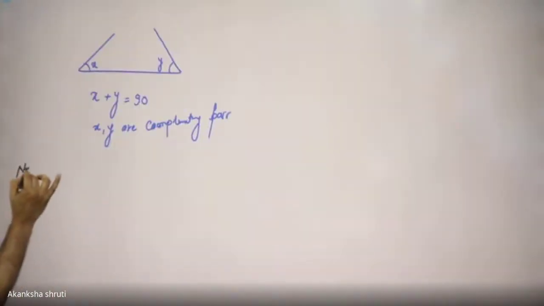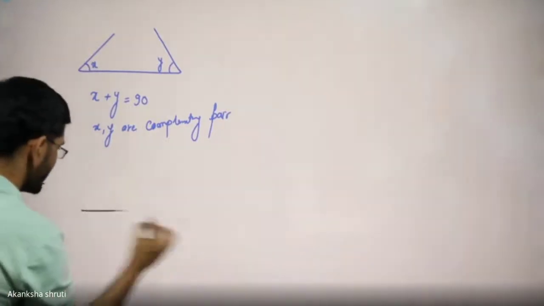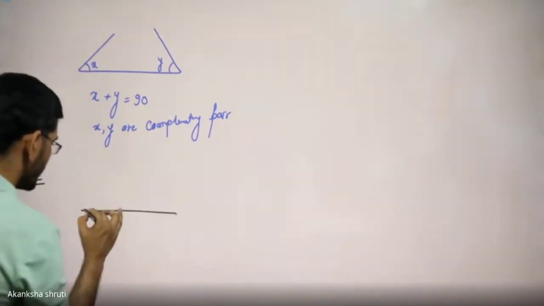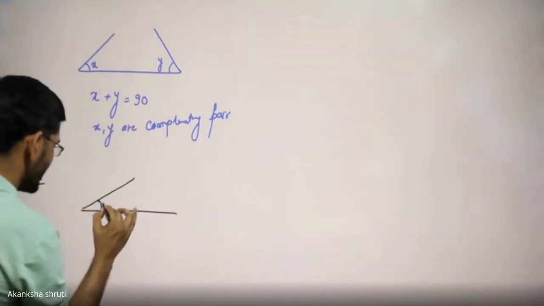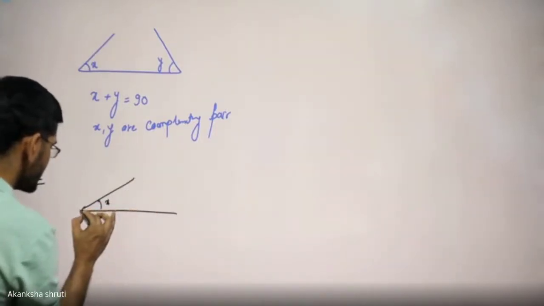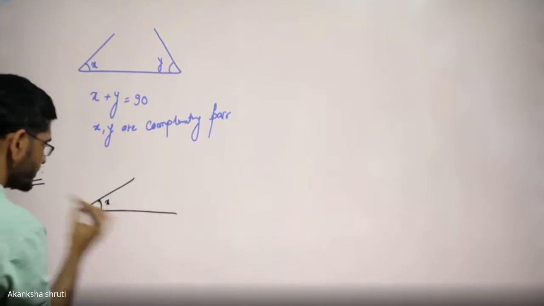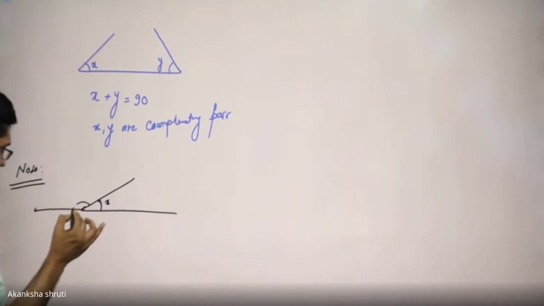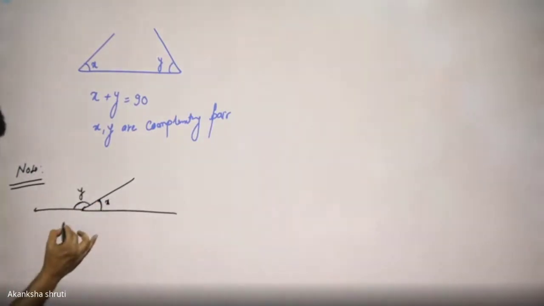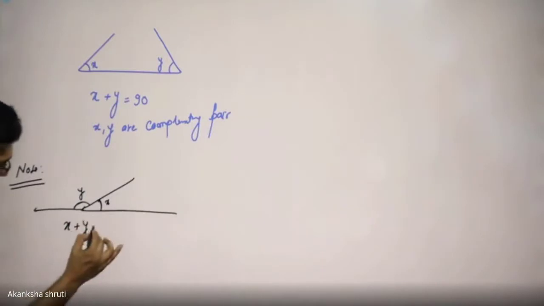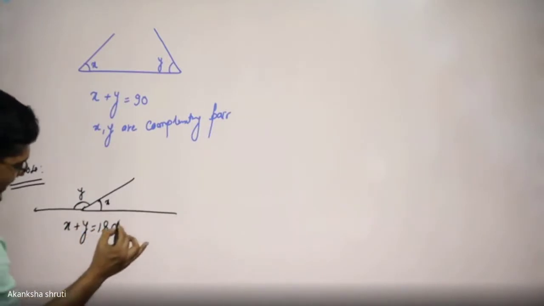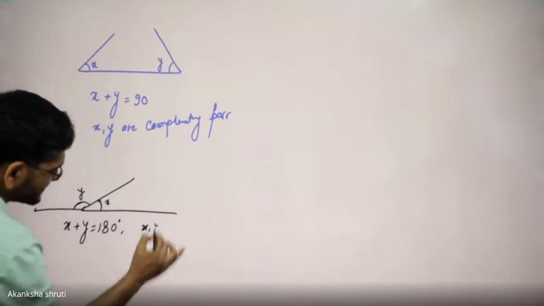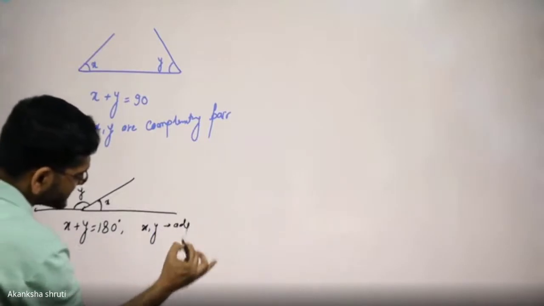In this sense, they are for each other. Students, recall that for linear pair, we have learned that whatever this X is here, just touching this X, the Y needs to be taken such that this X and Y should be adjacent. So here X plus Y is equal to 180 and X and Y are adjacent.